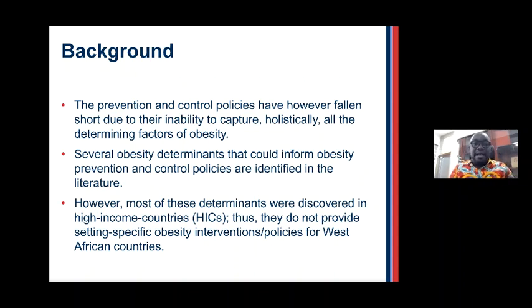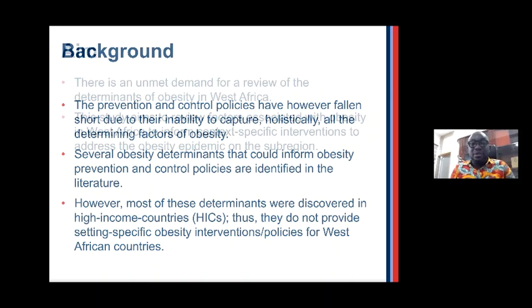Like I alluded to earlier, there has been a lot of research in Africa, West Africa, and LMICs on the need to have obesity reduced drastically. Several obesity determinants could be identified that inform the literature. The literature provided a lot of determinants, supported with a stakeholder engagement that we conducted.